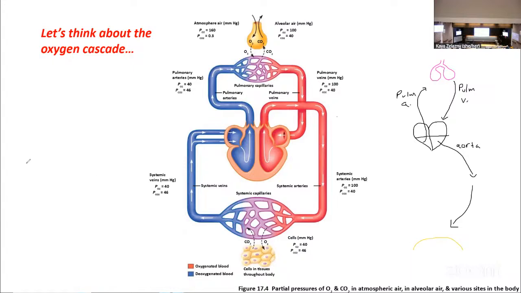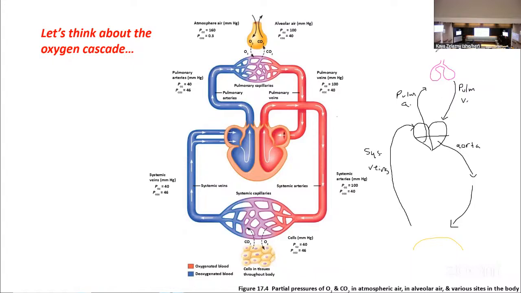Right. Then we're going to come back to the heart, ultimately through the right atrium, through our superior, inferior vena cava, in general, systemic veins. Okay. So these are the places we are thinking about our gases moving through the blood.